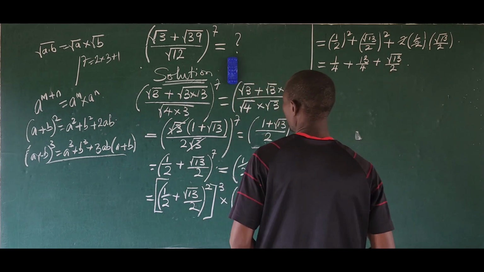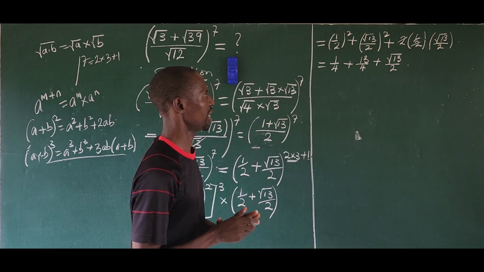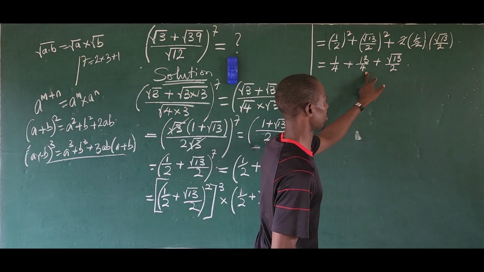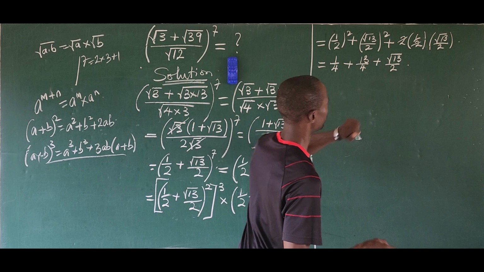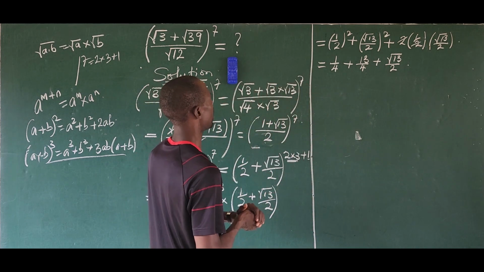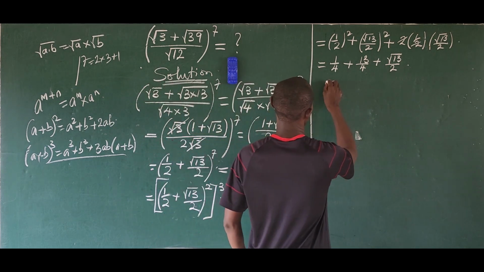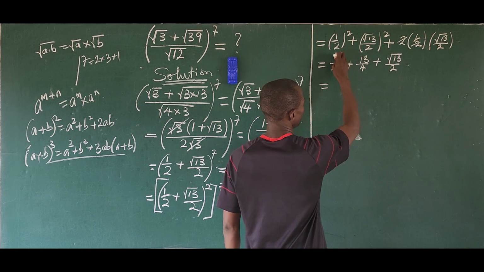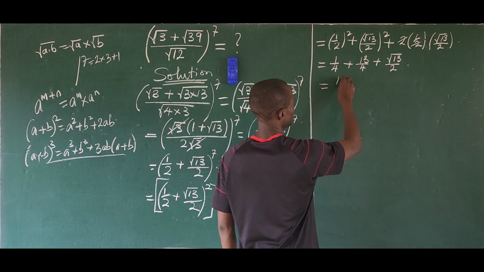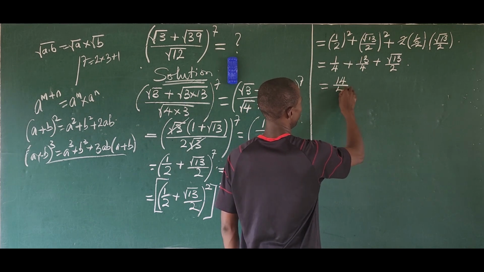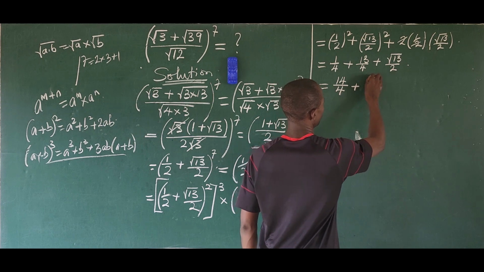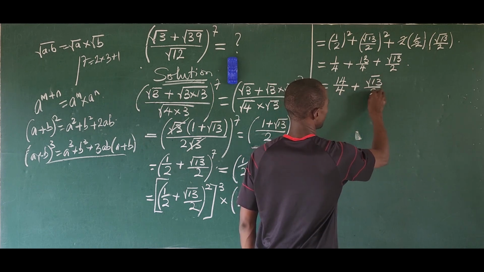All right, so with what we have here, we can add this and this together, right? Good. So if we add this and this together, what will that give us? This plus this will give us 14 all over 4, then plus root 13 all over 2.